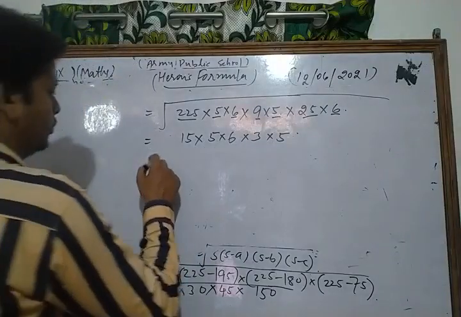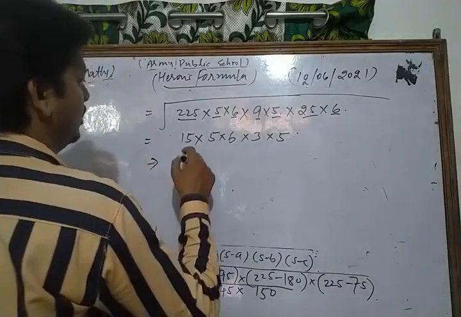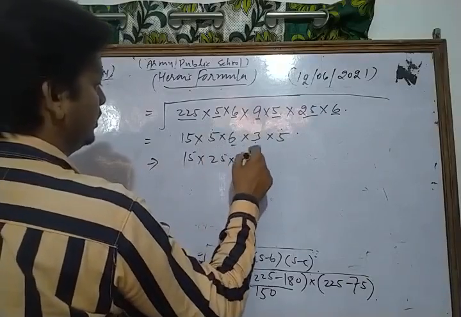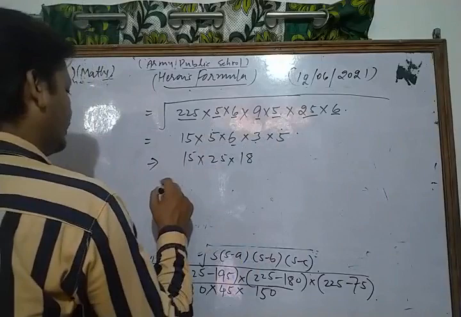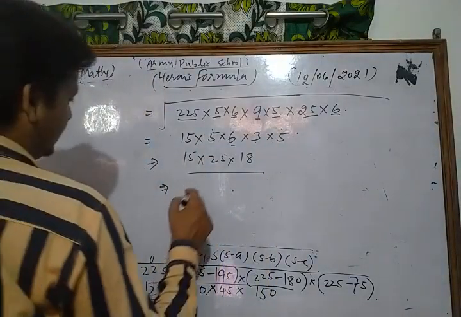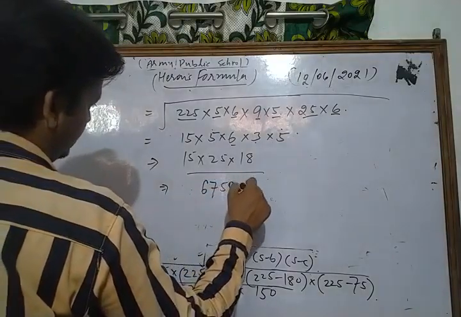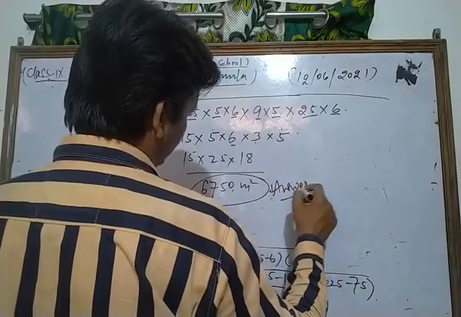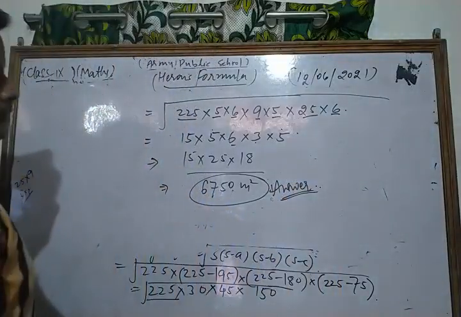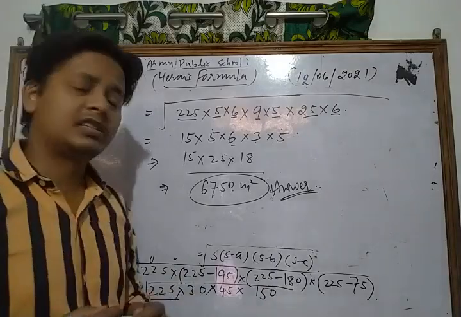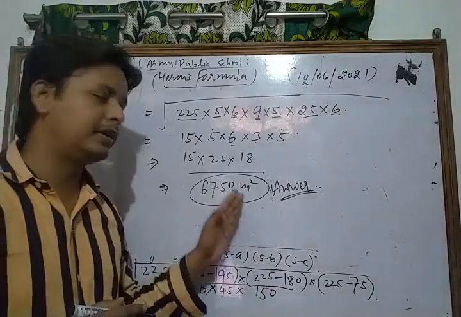So we have 15 as it is, 5 into 5 is 25, 6 into 3 is 18. Now after multiplying all of them we get 6750 meter square. So this is 6750 meter square.